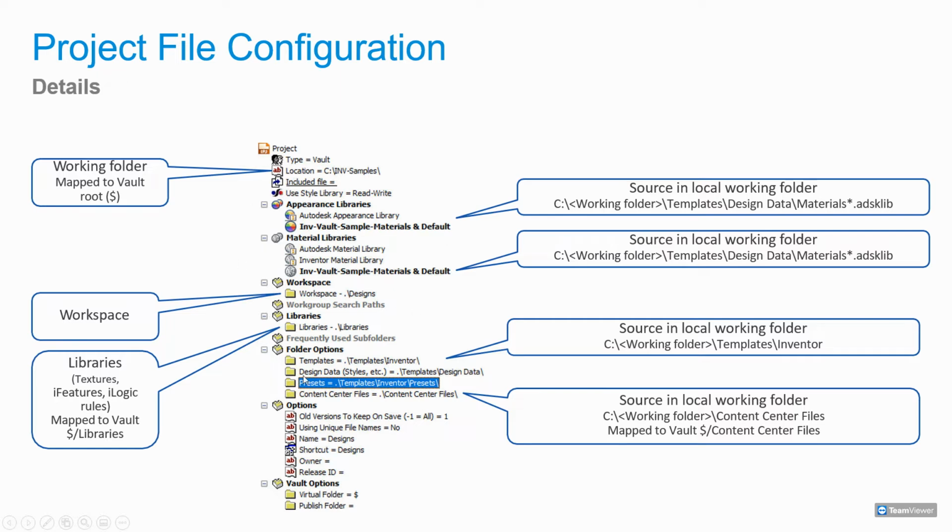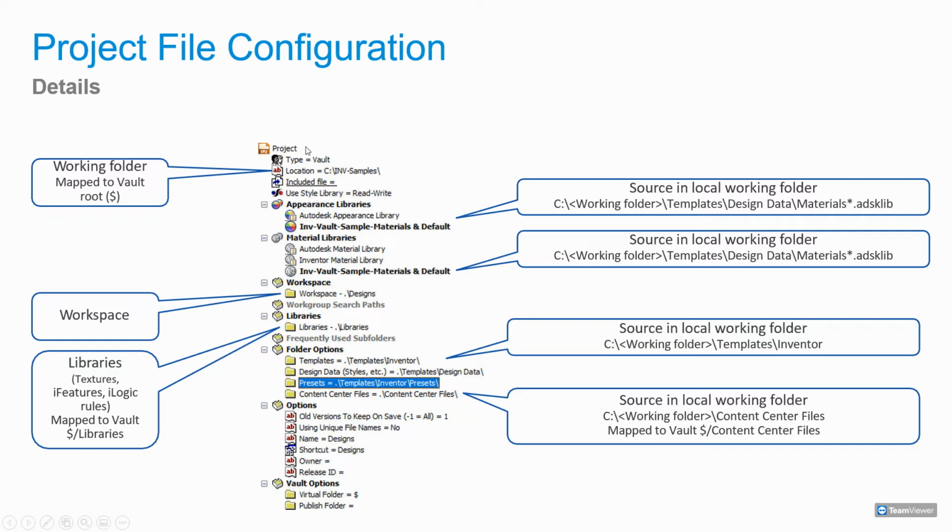This is what it should look like in full. You'll find that when you're creating your Vault project file, you're going to say type Vault, right? You're going to specify all of your different locations for what you're working with. As an example, in a company, if you're working with a shared materials library, let's say you have some custom materials, you can put them on a shared drive somewhere and say, this Vault project file refers to that shared drive, and we're all pulling our materials from there.